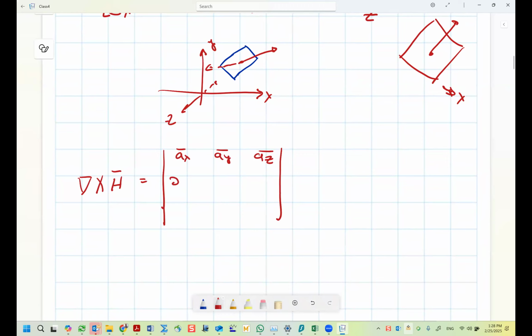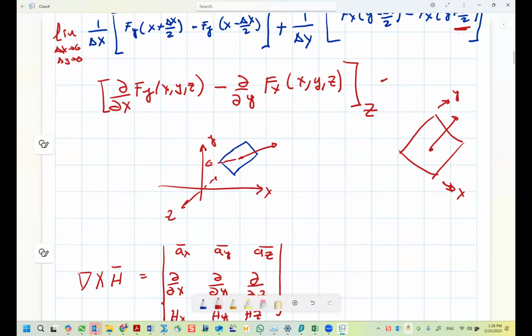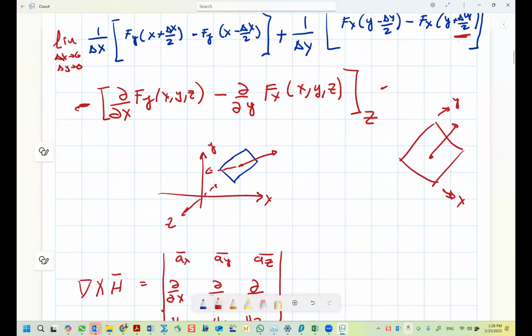But it's not because this is the way it is. This is because that's how the derivation gives it to you. So it's the other way around. So we have hx, hy, and hz, and you just compute the determinant. But this equation comes from here, right?